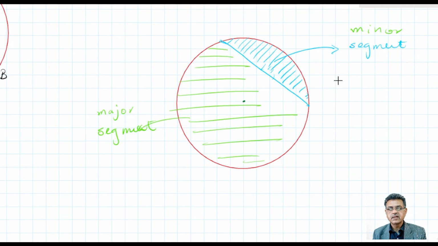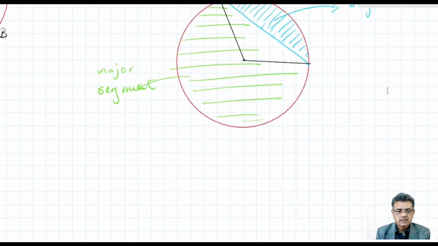Now if we have to find area of this segment, then if we join these points to the center of circle from here till this point, and we have to find area of this segment, then we can say that area of segment, what is it?